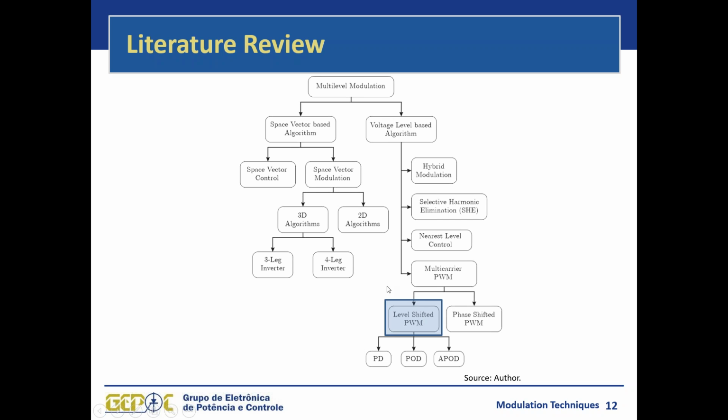We can take as examples the phase shift PWM for the cascaded converter, which we are going to deal with in more detail in the following slides, and we also have the level shifted PWM. In phase shifted PWM, we have the carriers phase shifted horizontally. And in level shifted PWM, the carriers are shifted vertically. So we have different approaches for these two strategies.